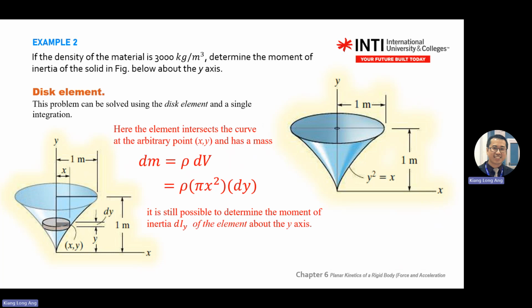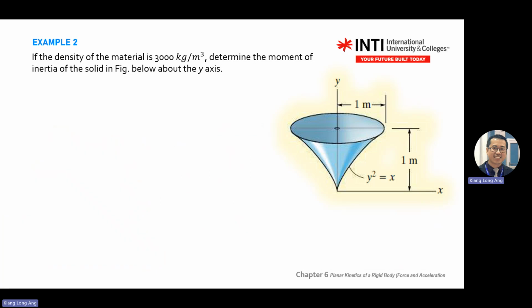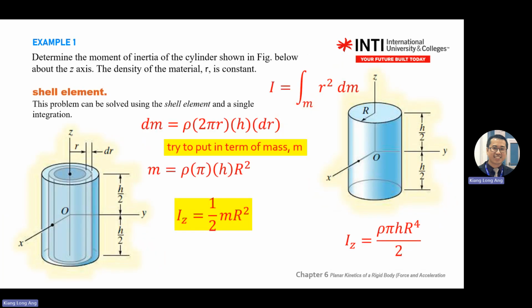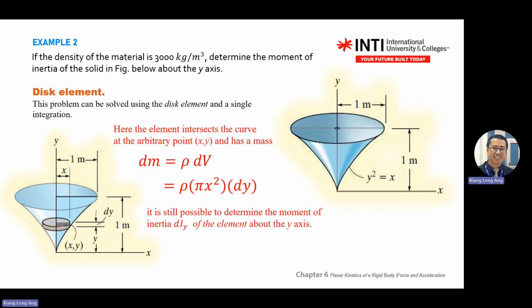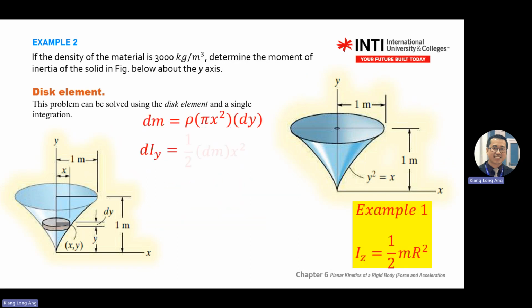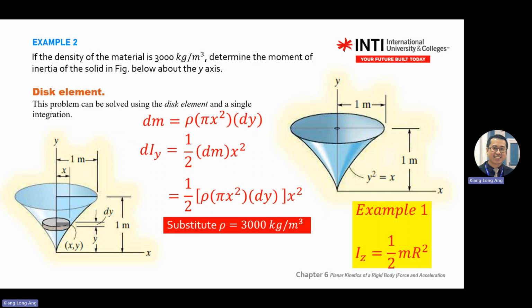Just now your I is this one, right? You put this whole thing inside here and do the integration, with the same steps as in example number one. So you substitute, you get this one, and you substitute the density there, you get the answer.